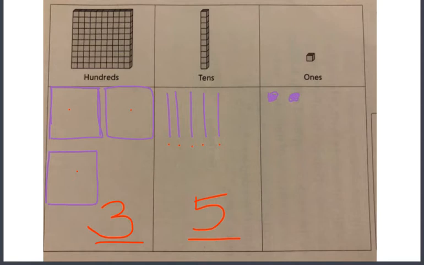And how many ones are in this number? 1, 2. What is the value of the 2? 2. Let's read the number on the mat. 352. Remember the number sentences that we wrote for the numbers in the math message?